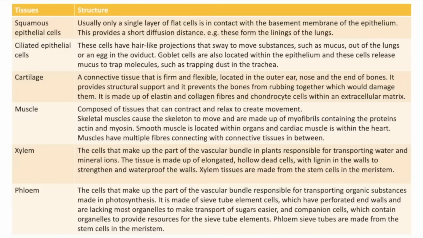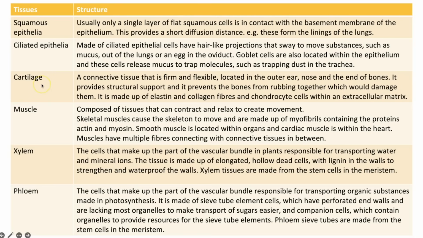We then move on to the different tissues. Same thing again, screenshot it in print, have it in your notes or copy it out, or even better, turn it into flashcards. Just to point out a key edit here, these are tissues, so I've edited the slides that you're going to see coming up, which said epithelial cells and ciliated epithelial cells.